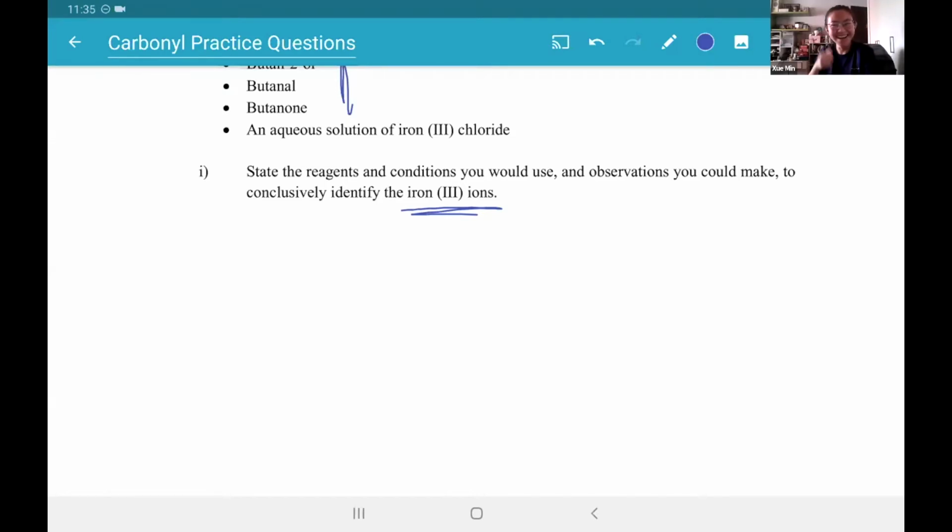For 7 part 1, actually you all think too complicated. It's very simple. You just think of your QA test. That means you can use aqueous NaOH or aqueous ammonia. It's very open-ended.